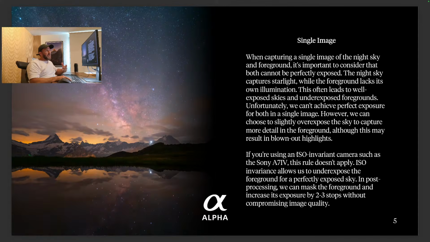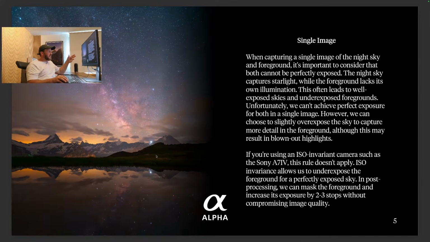So we're going to talk quickly about a few things regarding the settings and so on. You can read that whilst I'm talking, but basically, for a single image, you want to go out and take a picture of the Milky Way, and the goal is to get the foreground bright enough exposed and also get the sky bright enough exposed.